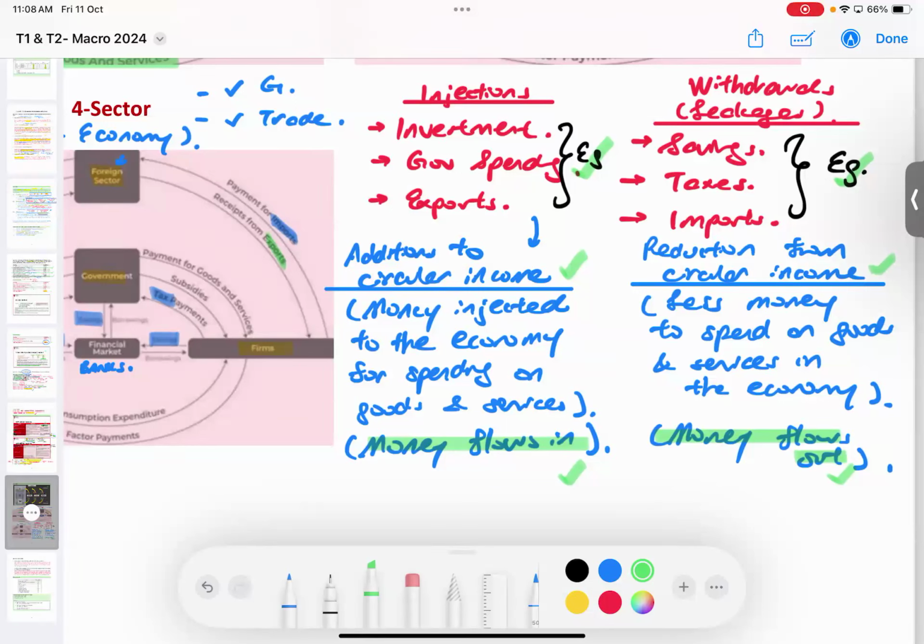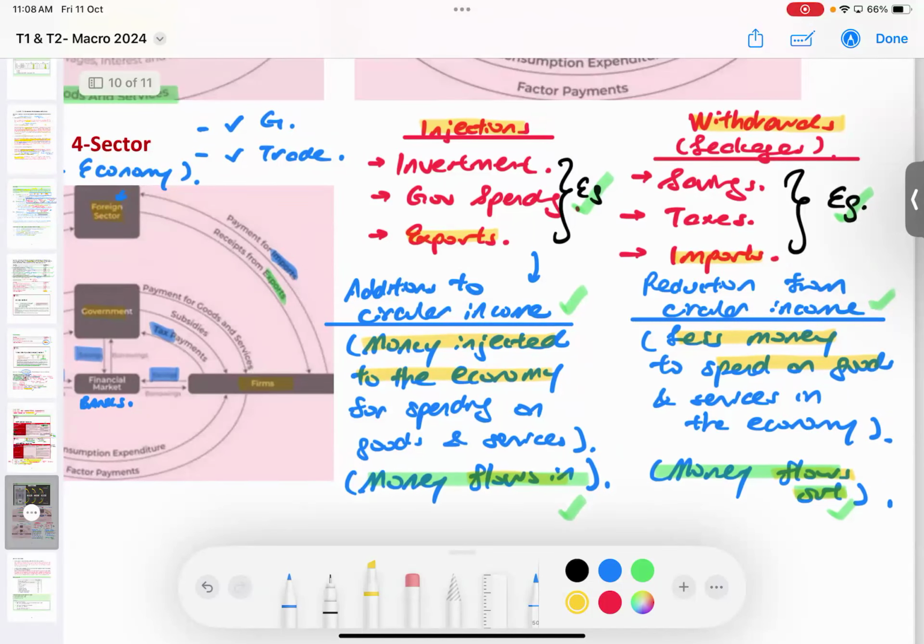For example, exports mean injection, because money is injected into the economy, money flows in. Imports are a withdrawal. That means money flows out, less money to spend in the economy, and it may slow down economic growth. This is for theory. I want you to take note of this.